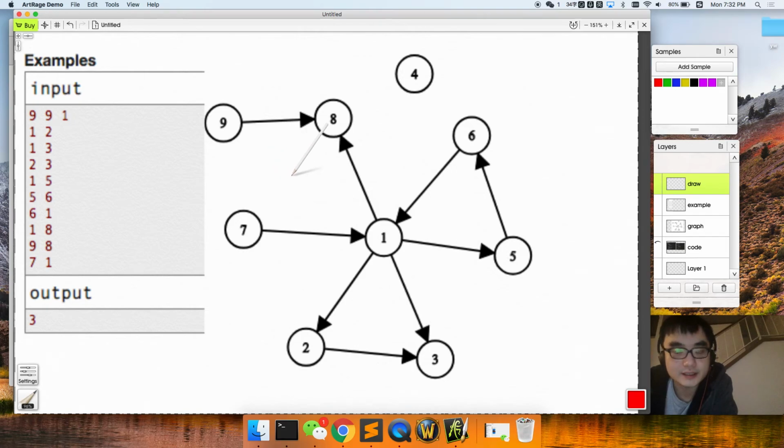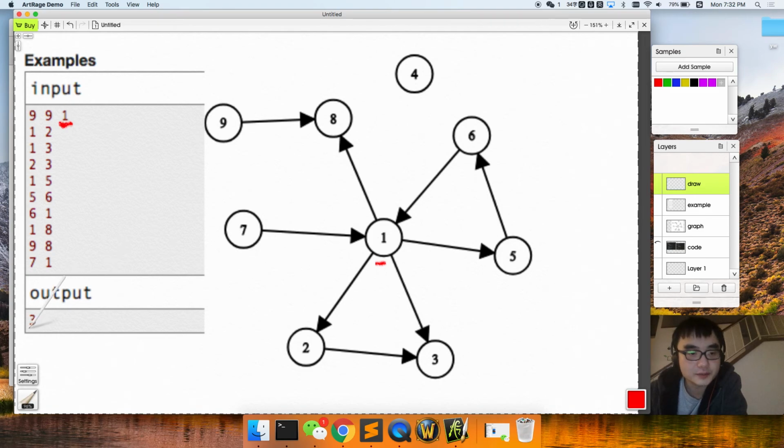You get the idea. So that is the graph we have. Node 4 doesn't connect to any node, right? So it's an individual one. And the starting node is number 1, right? The first node is a starting node.